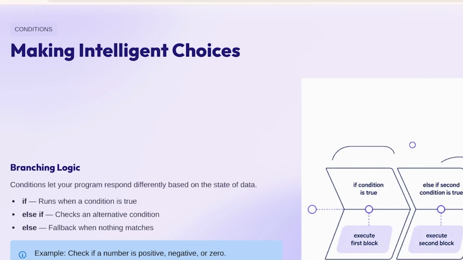If the mark is greater than 35, your output will be pass. If your mark is less than 35, else the output is fail. Okay, and this is the condition.